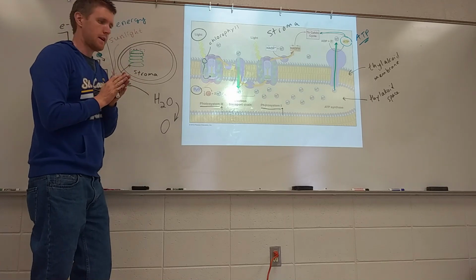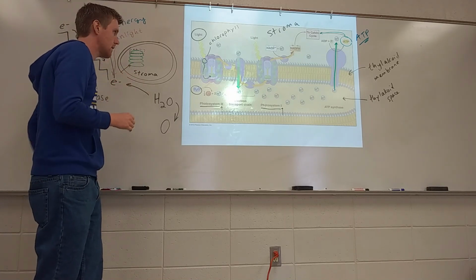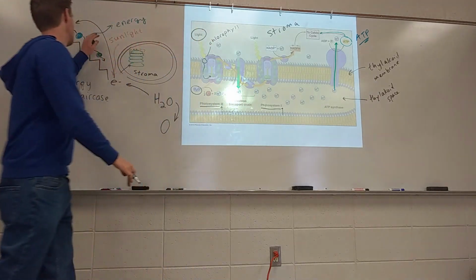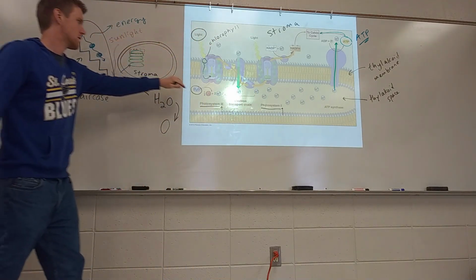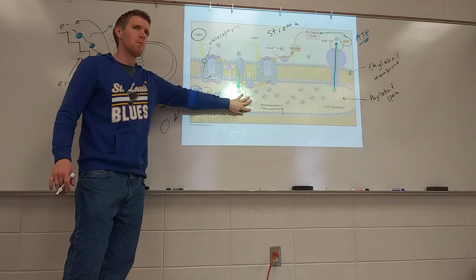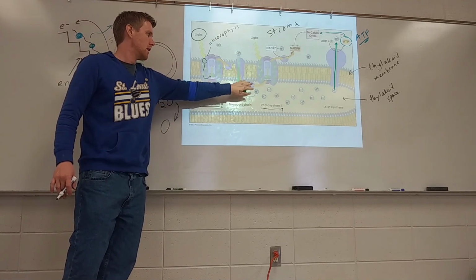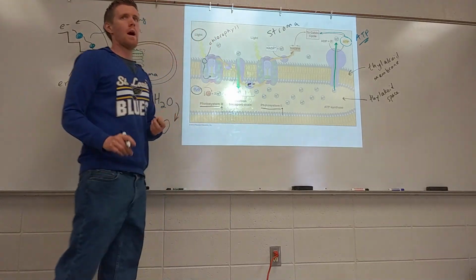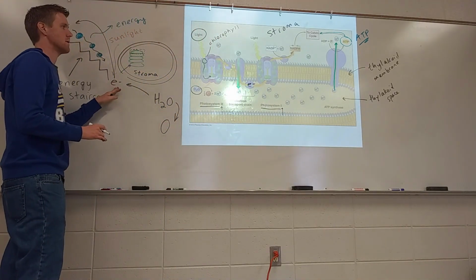But we're not done yet here. Not quite yet. By the time the electron releases all of its energy to be used to pump these protons against the gradient into this membrane space, by the time it's done with all that, the electron has no energy again. It's back to the bottom of the staircase.